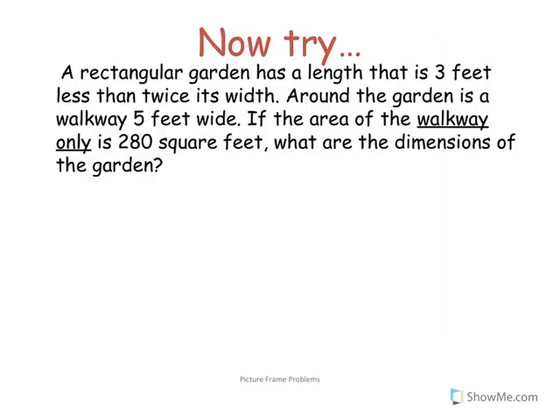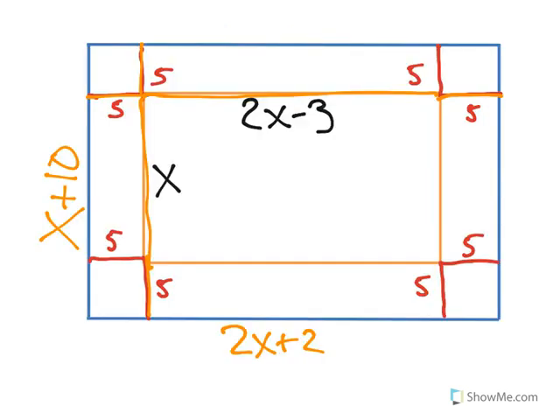So what are they telling me, right? That the area of the walkway only is 280. Okay, so how do I find the area of the walkway? We've said this now for the 3rd time, right? It's the area of the outside minus the area of the inside. So the outside we said was going to be 2x plus 7. I'm not sure why I wrote 2x plus 2.